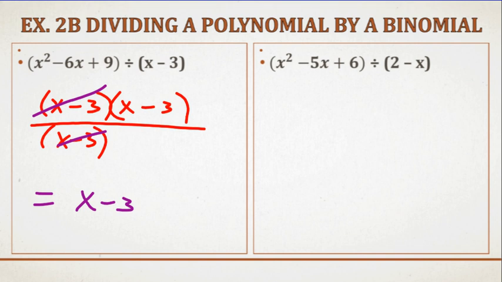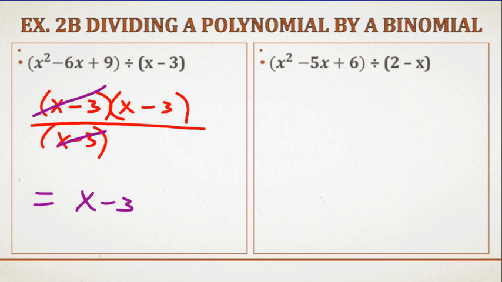I want to show one more with this one because in this next example, you notice that the binomial has the terms reversed. They have a 2 minus the x. So what we want to do with that example is take the negative out so that we can have a positive x in that binomial.